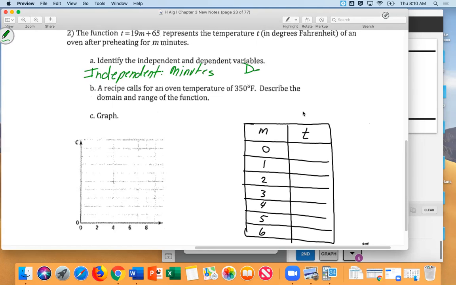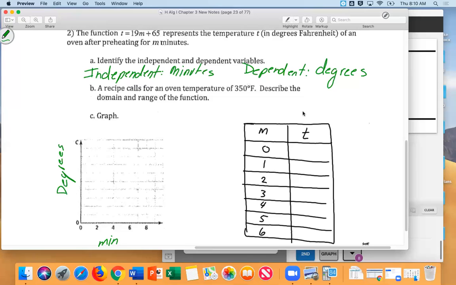Which means the dependent is degrees. Now, I created my table. I just went from 0 to 6. Okay. B says a recipe calls for an oven temperature of 350 degrees.